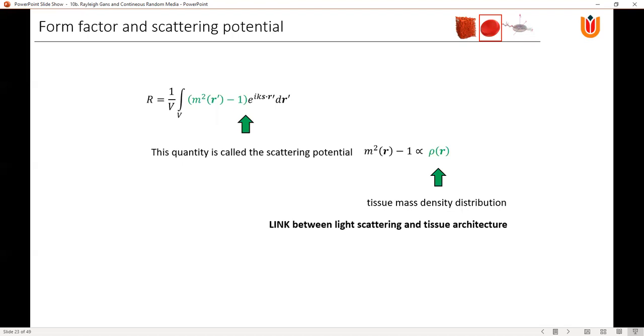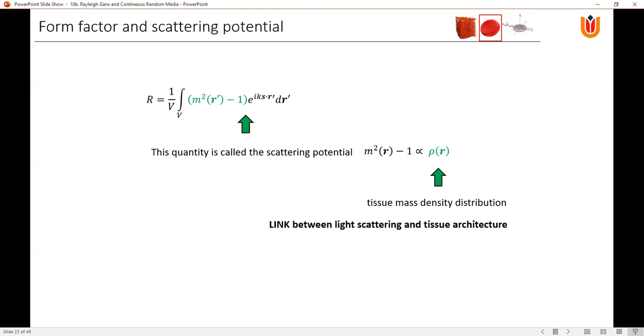So that was a lot of manipulations to arrive at a result, but it is important, because what we see now is that we have an integral sum over values of the refractive index. The factor within the integral, the scattering potential, the refractive index squared minus 1, is proportional to the density inside the tissue.